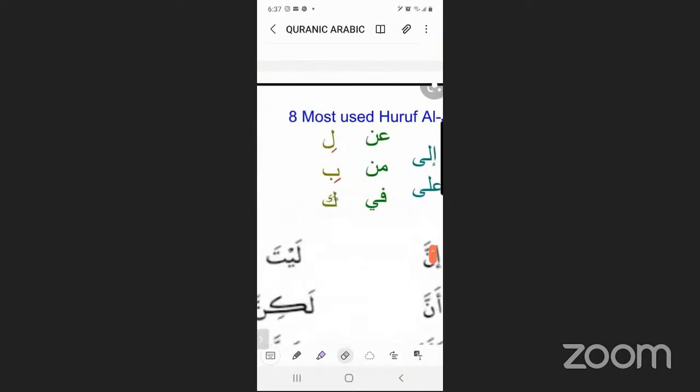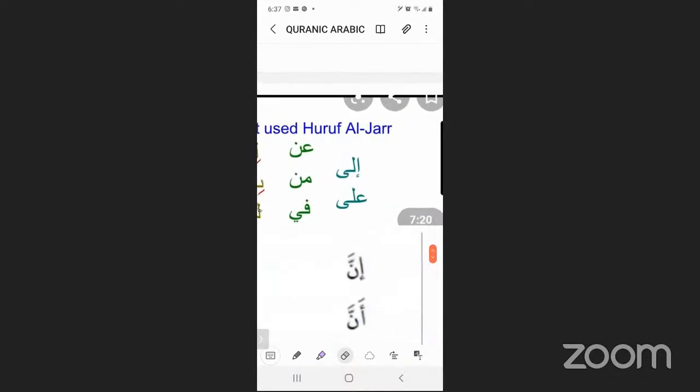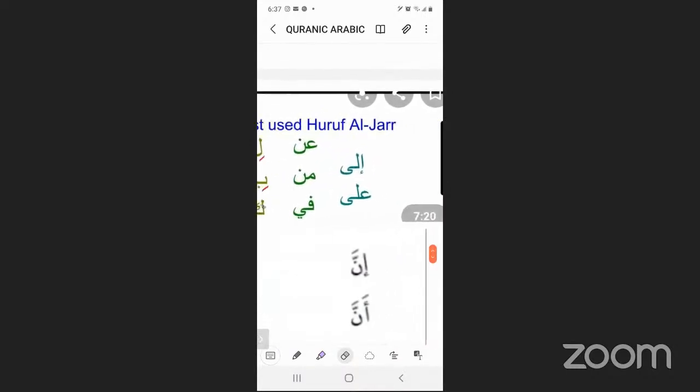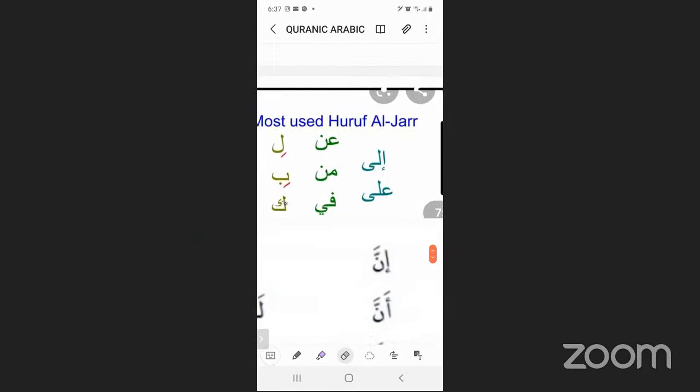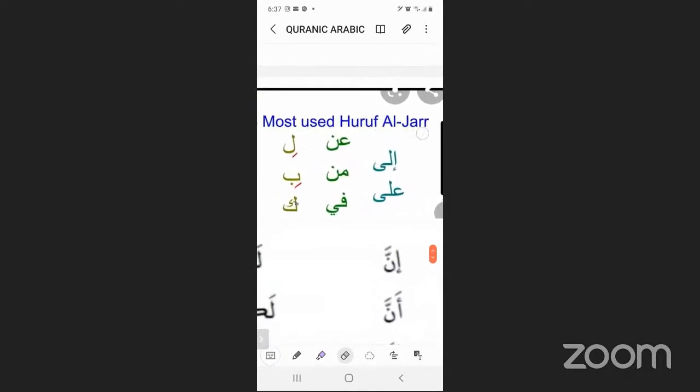Now, we have more used harf. Harf are the words used before to make the word next majrur. That's why they call it harf, because they make the word majrur. Remember: la ilaha illa Allah, Rasul Allah. Allahumma salli ala Muhammad wa ala ali Muhammad.